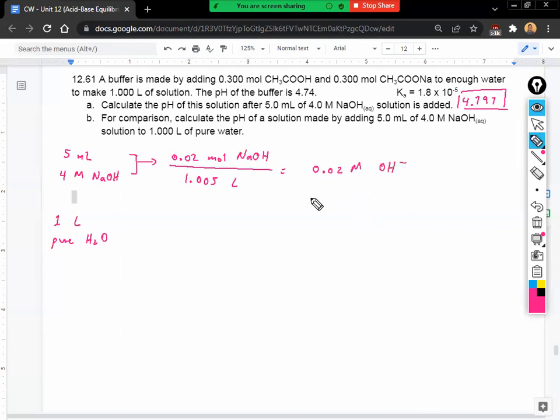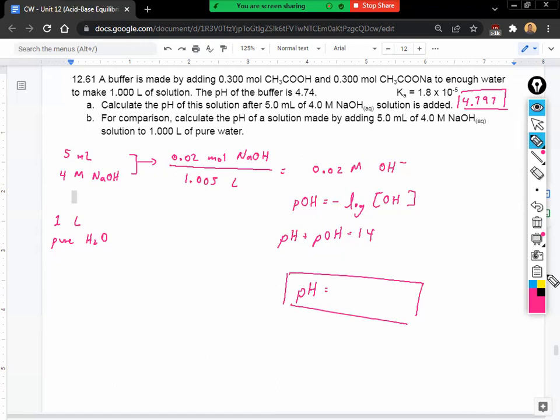All right, so if you have this value, what we can do is calculate the pOH, right? We can do the negative log of the concentration of OH, and then we can use the formula pH plus pOH equals 14. And that will allow you to find the pH of water when we add 5 milliliters of base. So take a second to calculate that out, and then you guys will see how much the concentration changes in pure water if you add 5 milliliters of strong base.